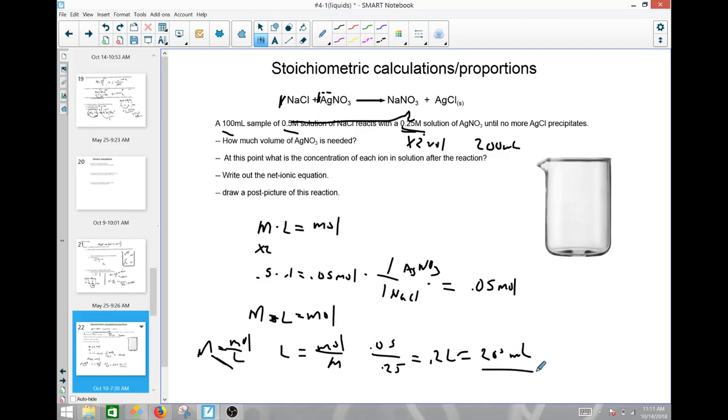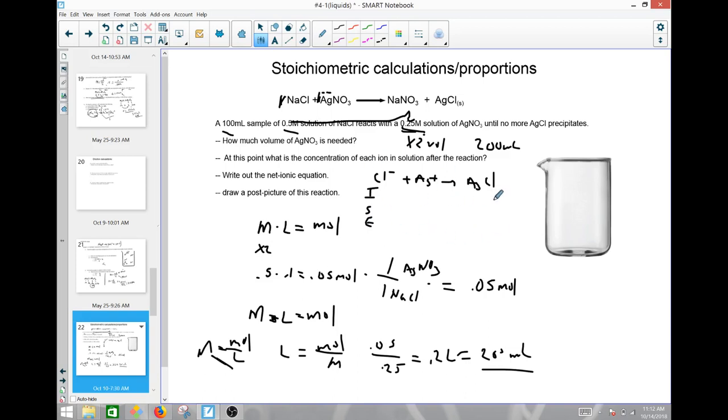I could also have done an ice table where I have initial, stoichiometric ratio, end, showing that just ever so quickly. I'm going to use the net ion equation: Cl minus plus Ag plus yields AgCl. I could write in the initial, stoichiometric ratio, end, and I could solve it out.